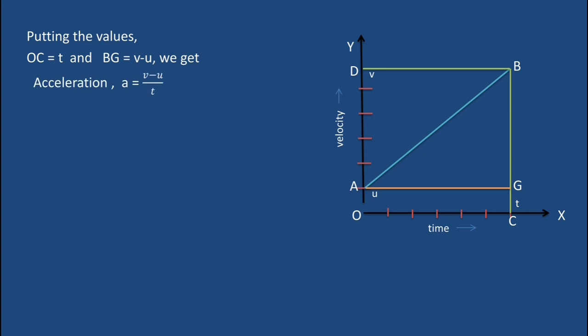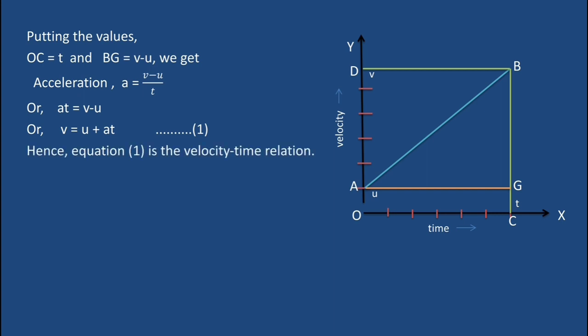We have acceleration is equal to V minus U upon t, or by cross multiplying we have AT is equal to V minus U, which can be rearranged as V is equal to U plus AT. This is our first equation of motion. Hence the first equation of motion is proved with the help of the velocity time graph of a uniformly accelerated motion.